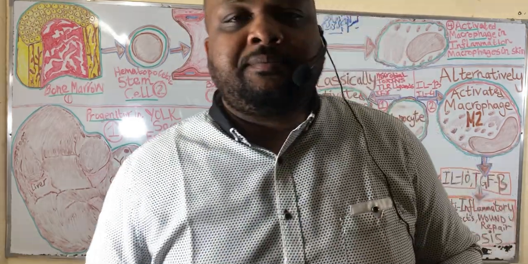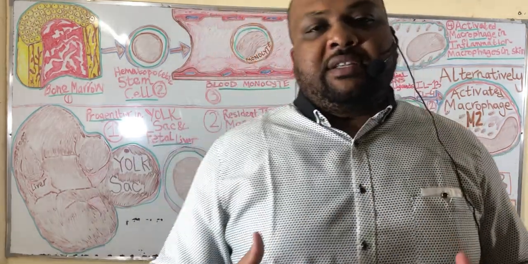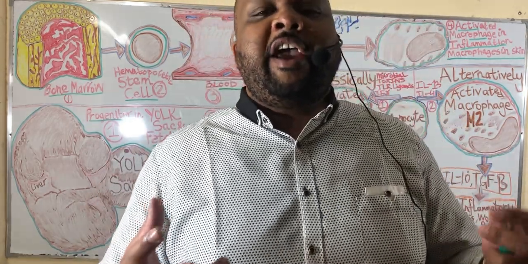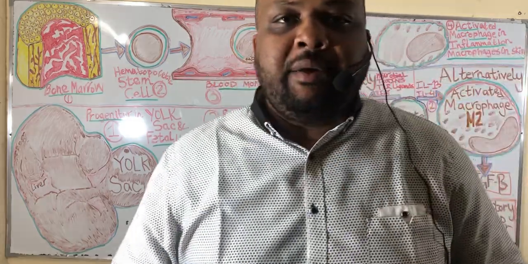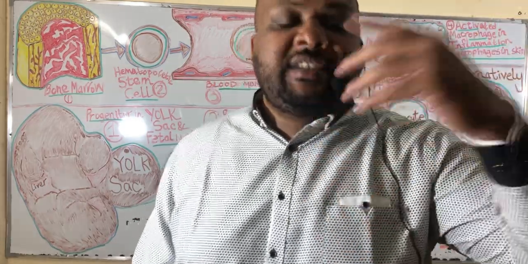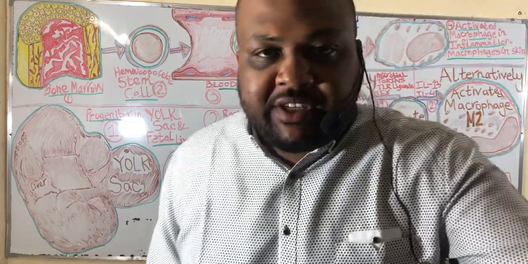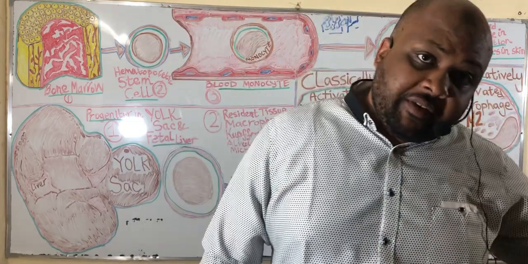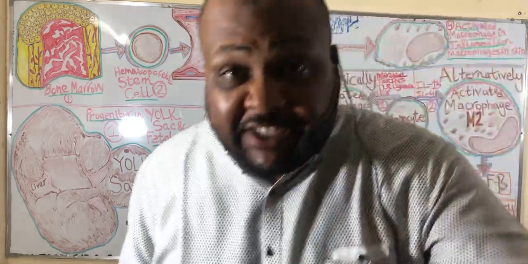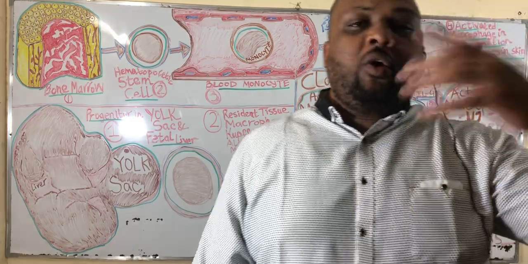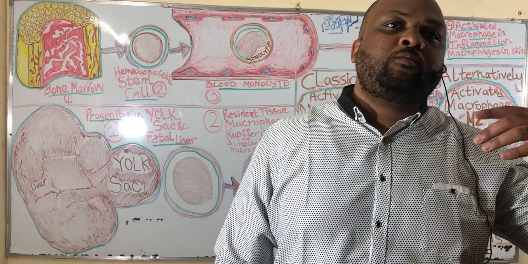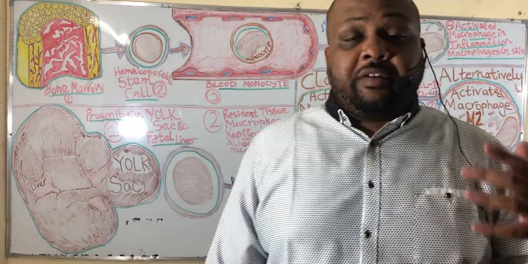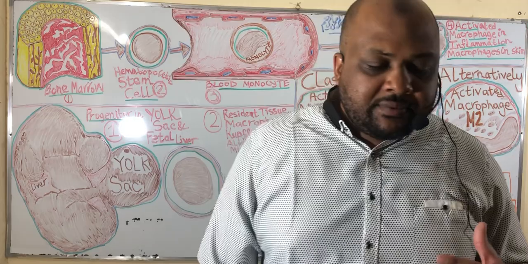The first function is, once there is inflammation, these macrophages are able to detect cytokines being released from the sentinel and the resident macrophages, namely the Kupffer cells in the liver, if there is an inflammation in the liver, or microglia if there is inflammation in the central nervous system, sinus histiocytes if there is inflammation in the spleen or the lymph nodes, and alveolar macrophages if there is some sort of inflammation in the respiratory system, in the lungs.